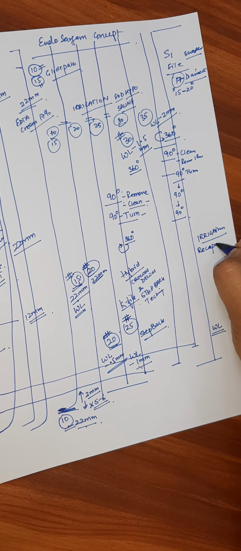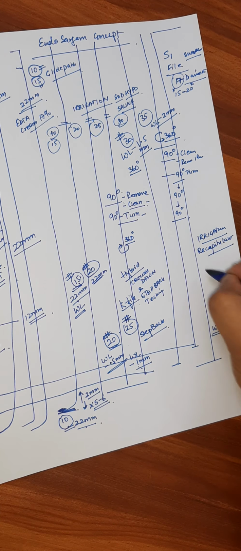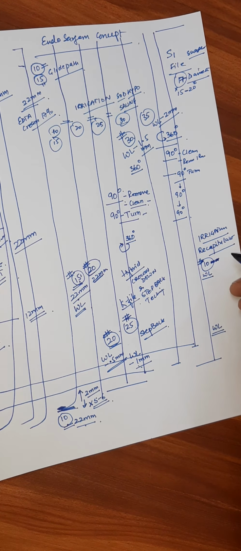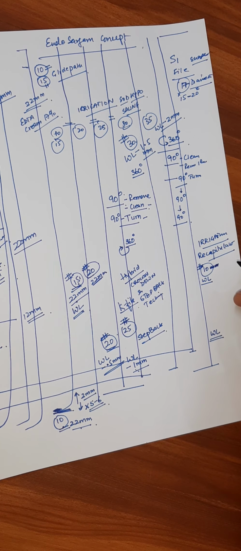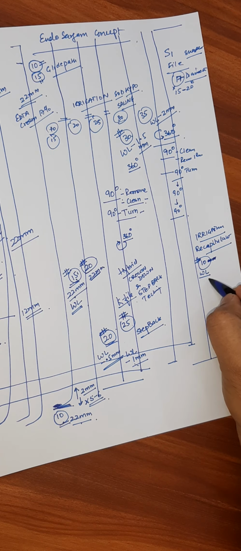Recapitulation means you have to use a 10 number file. Number 10 file should reach the working length, and this 10 number file will loosen the debris.